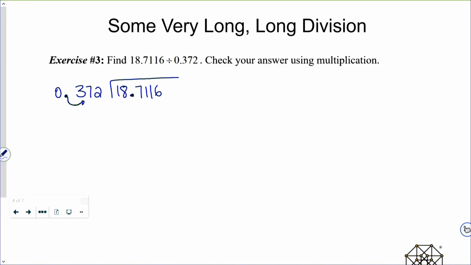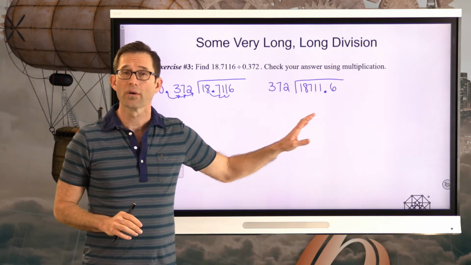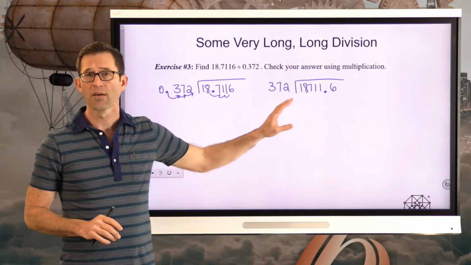Now I'm going to have to move that decimal point 3 units to the right. 1, 2, 3. So that's going to give me 372 divided into 18711.6.